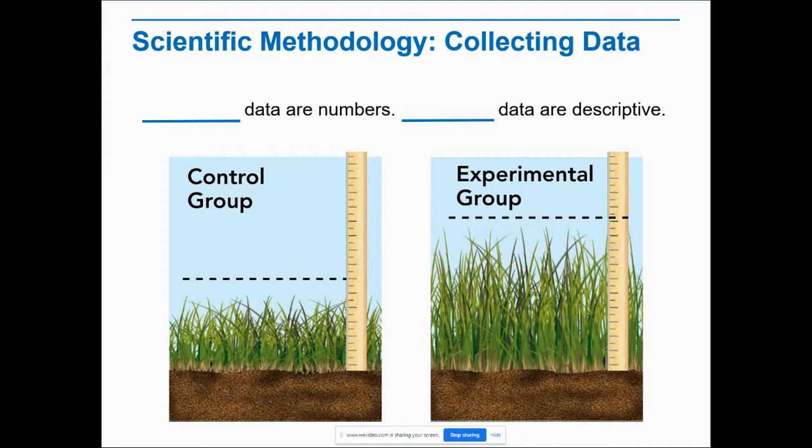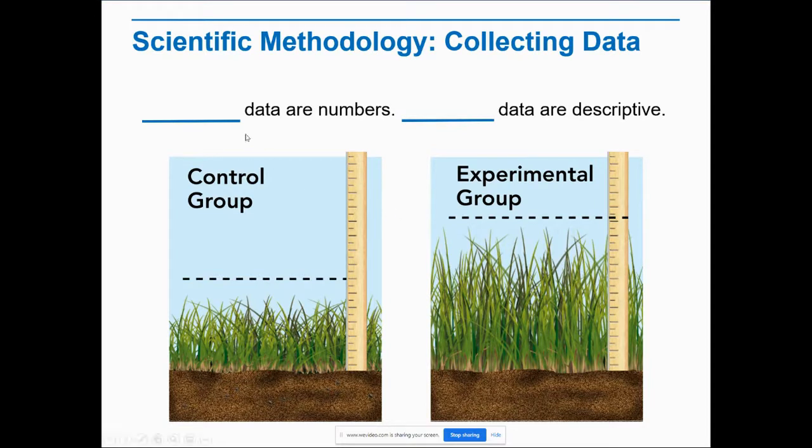Data that have numbers represent distinct quantities, so we call them quantitative data. Whereas the data that describes things with words and descriptions are called qualitative data. So they kind of describe the quality of the observation.